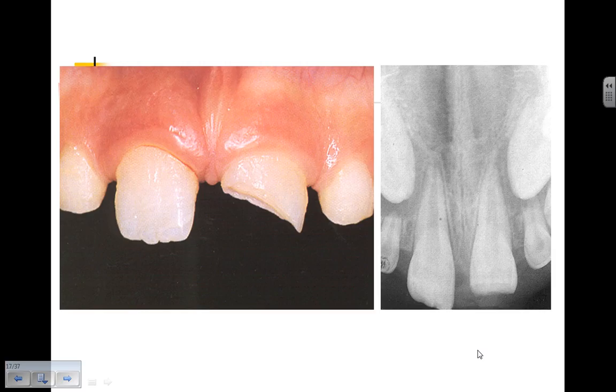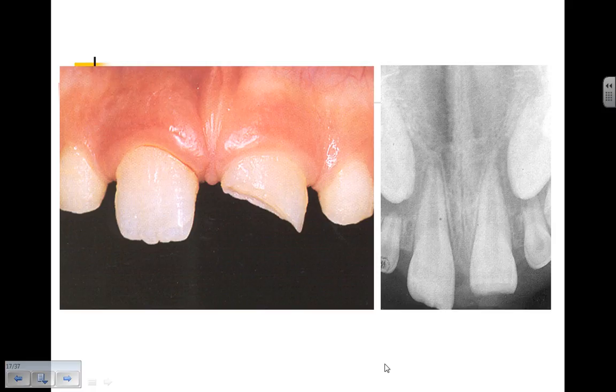So let's take a look at a circumstance. A young child has fallen, kissed the concrete, and has broken their anterior teeth. You can see the developing dentition. This child is approximately 7-8 years old. The mother came in with the segment of the tooth.